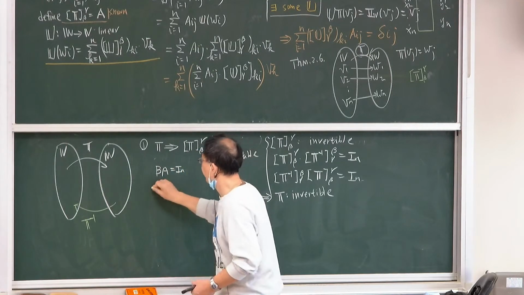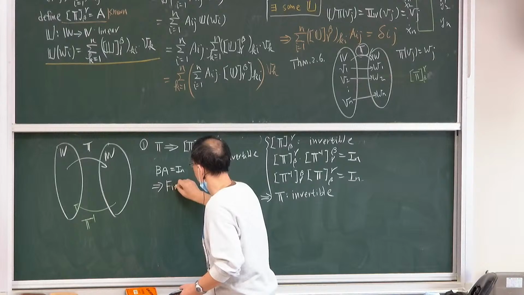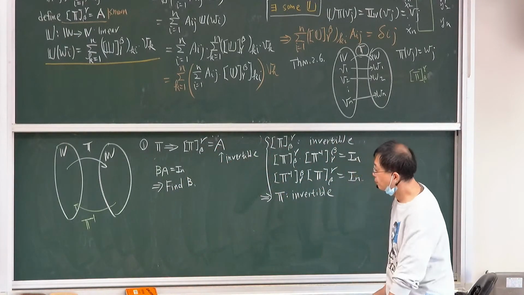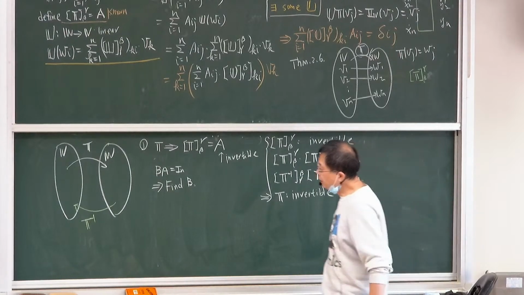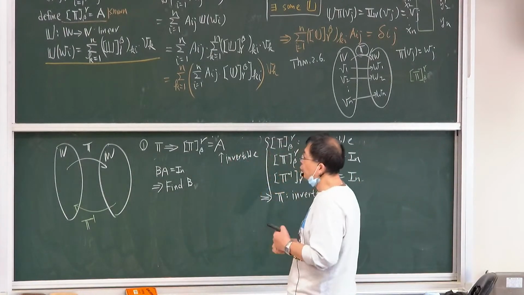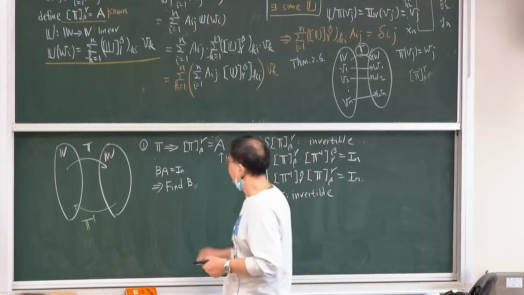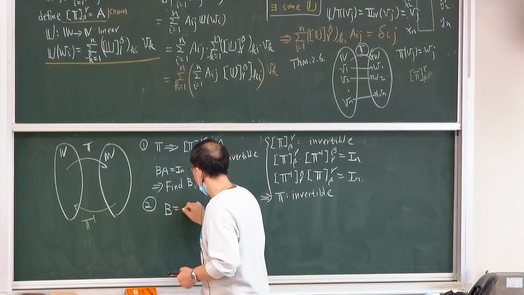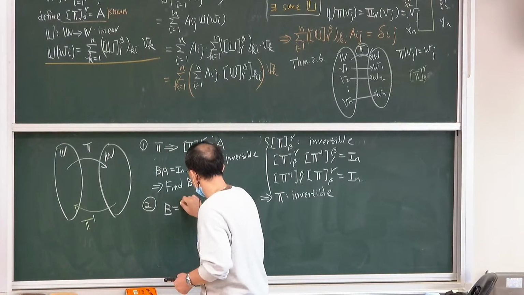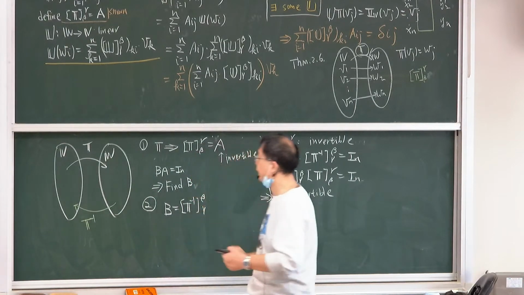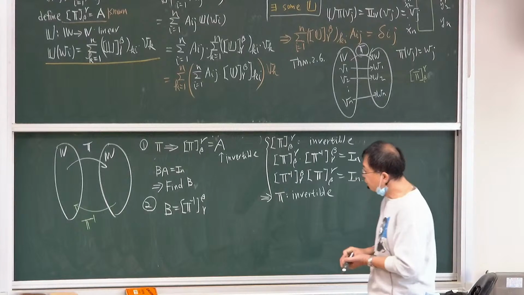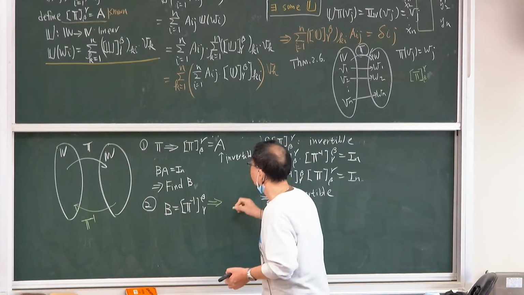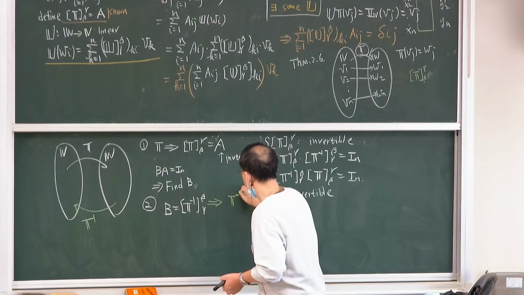From this, we can find B. And when we find B, we can let B equal the matrix representation of T inverse from gamma to beta. And from this matrix, we can find T inverse back.